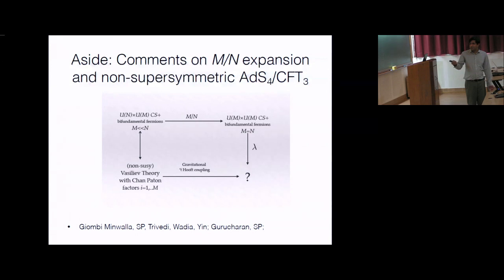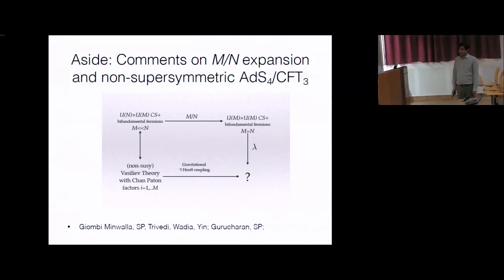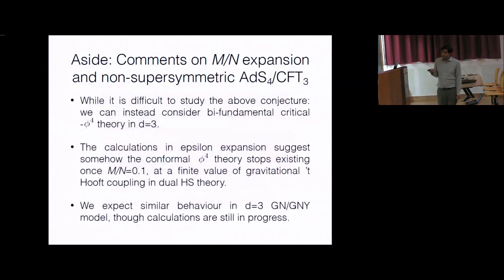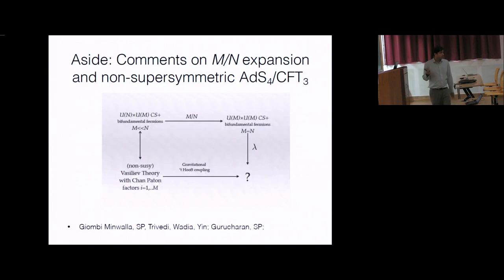So you could increase M over N, and here increase the gravitational coupling, and ask what happens. I've talked about this before, and it was part of the motivation for the original vector model paper. It is a difficult question to answer, but you could ask an easier question. Say I consider the critical O(N) model, a bifundamental version.